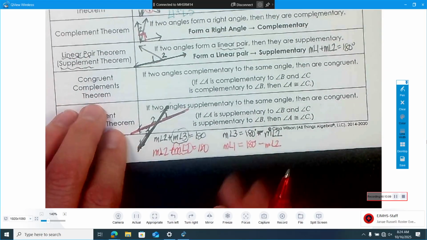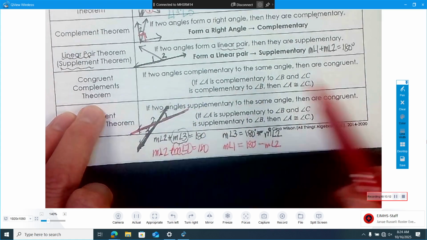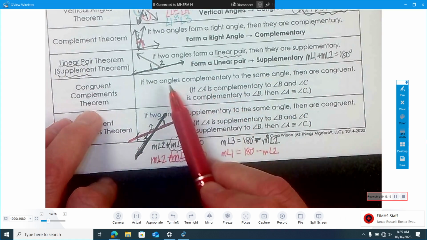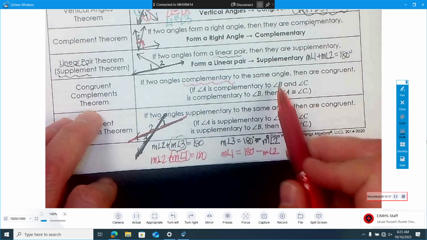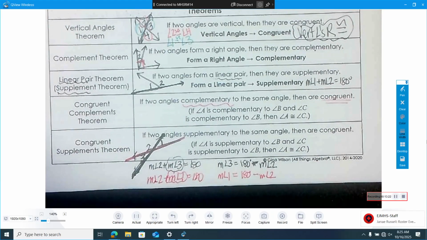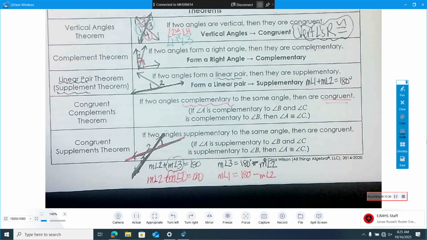And the same is true for congruent complements. This is just a little easier to draw for me. If two angles are complementary to the same angle, then they are congruent. So again, if you have two equations that add to 90 and they got the same angle in there, then those other angles also have to be congruent, okay?